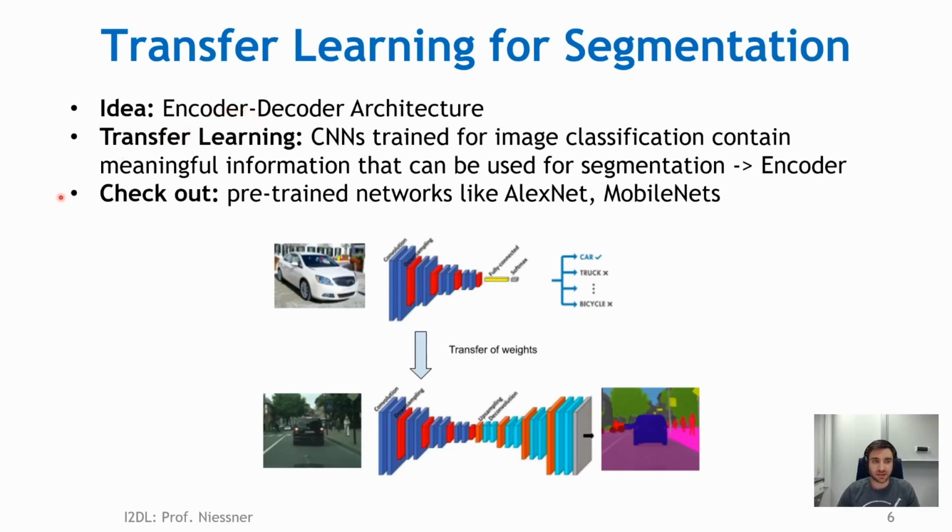And here, together with transfer learning, we wanted to use a classification network as an encoder. The idea is that a CNN or any network that is trained on a huge data set, for example, for image classification, then encodes meaningful information that can also be used in our task.